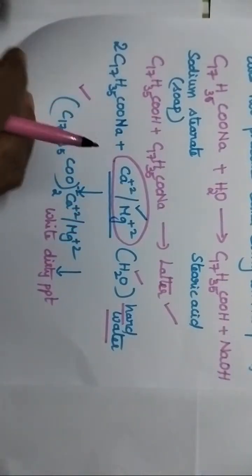So let us see what is the reason behind the hardness. Hardness of water is mainly due to the presence of dissolved calcium and magnesium salts.